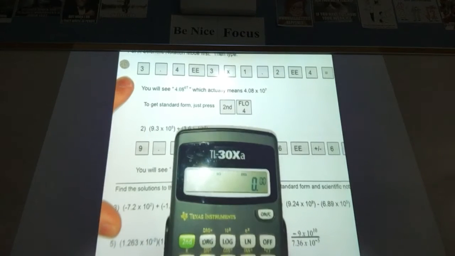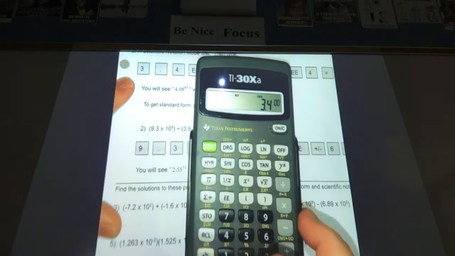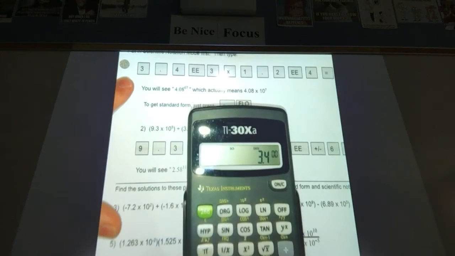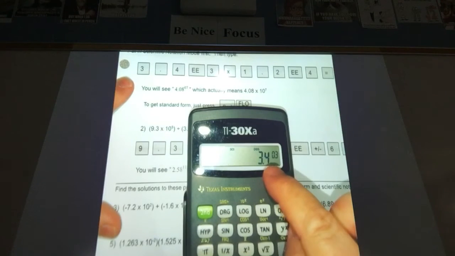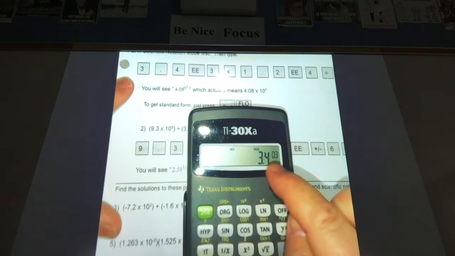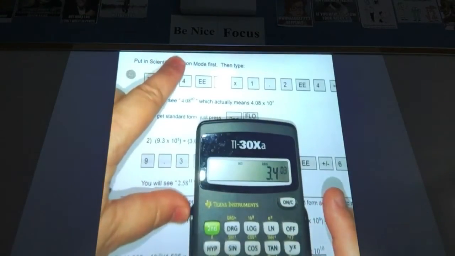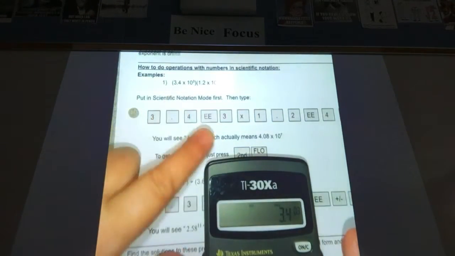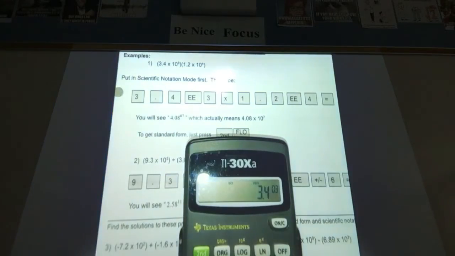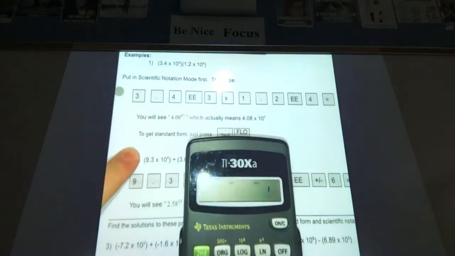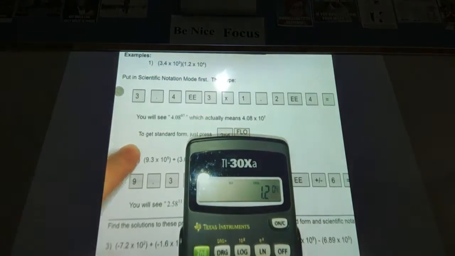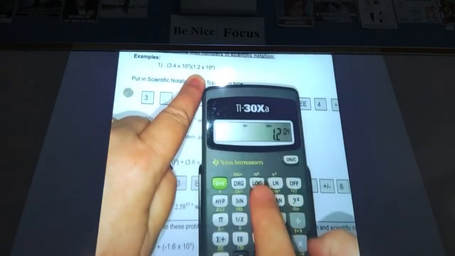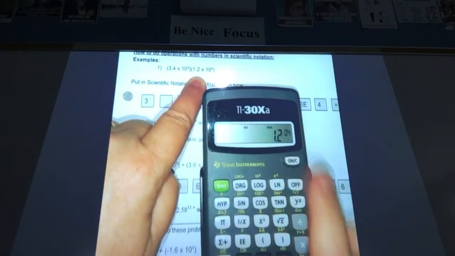We're going to put in 3.4 EE, hit that EE button, it's right above the 7, 3.4 EE 3. If you look at your display, that's 3.4 times 10 to the third, which is what this was right here. We're going to multiply that, so times 1.2 EE 4, which is going to give us 1.2 times 10 to the fourth.